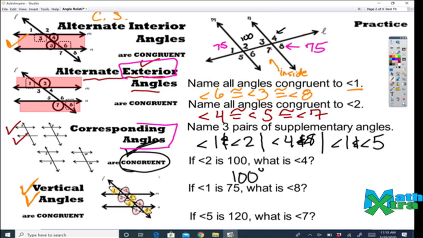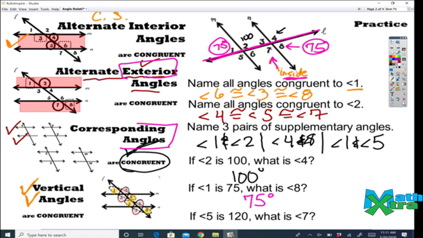So this angle, which is 75, has to be the same as the angle that's 75, because they're switching across the transversal. So we have 75 degrees as well. Again, 75 here, 75 here. They switch across the transversal. Remember, this is the inside of the parallel lines.